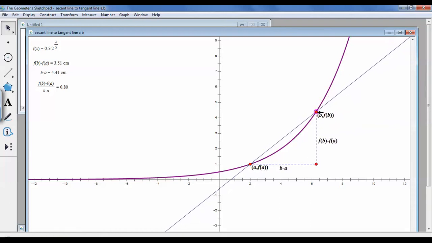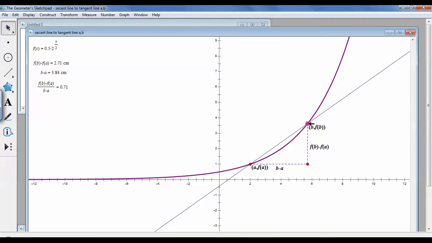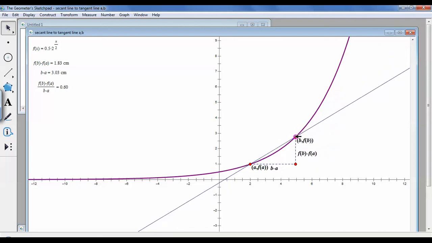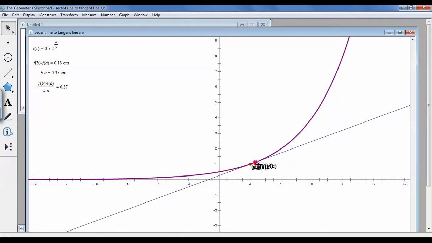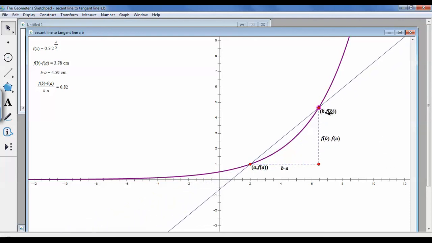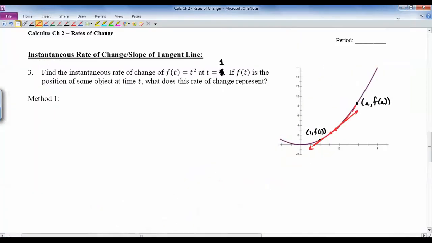And if I continue to move this closer and closer, look at what happens to that secant line. When I get so close that it's practically on there, it turns into a tangent line at that point.